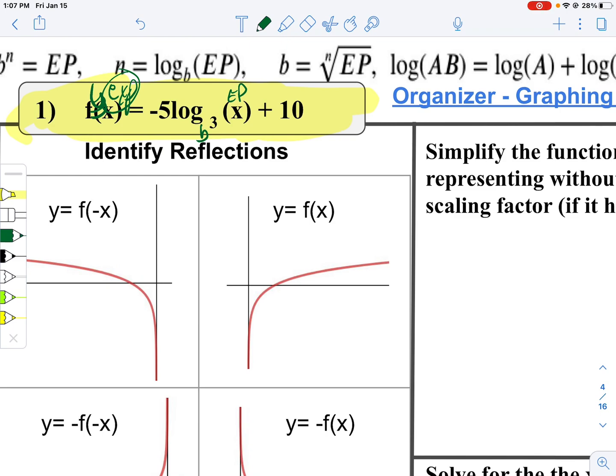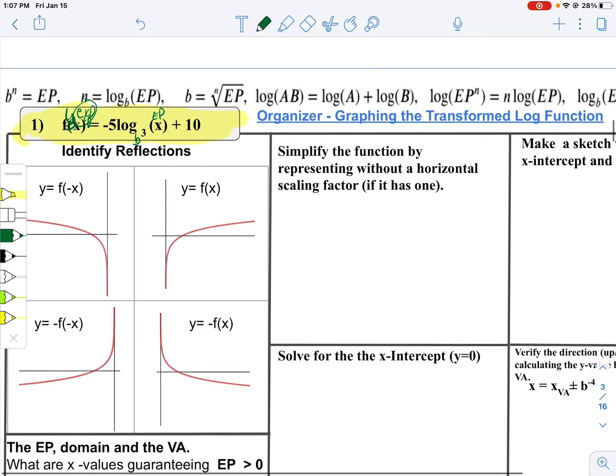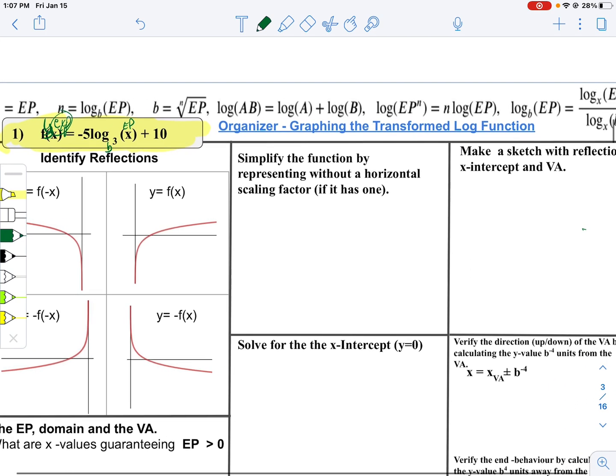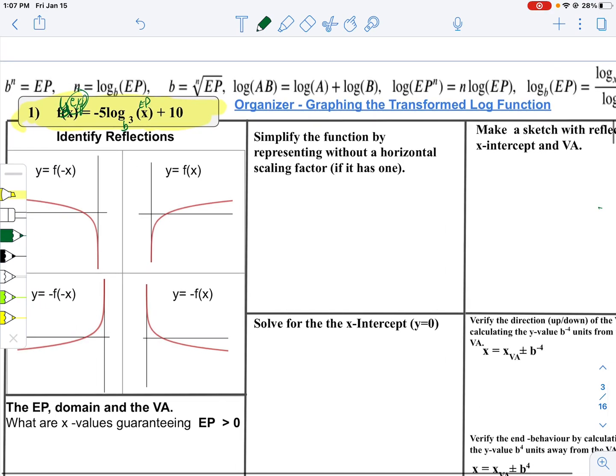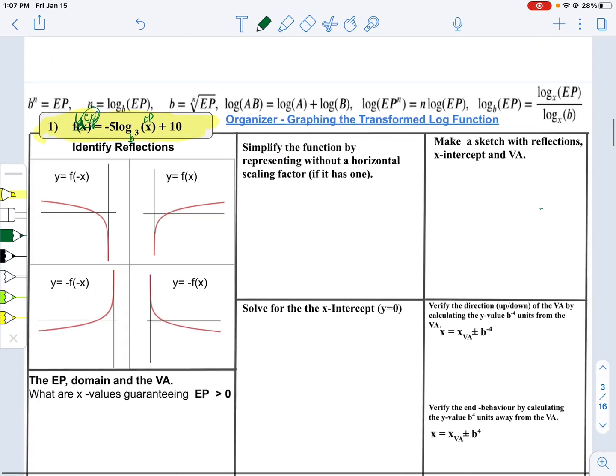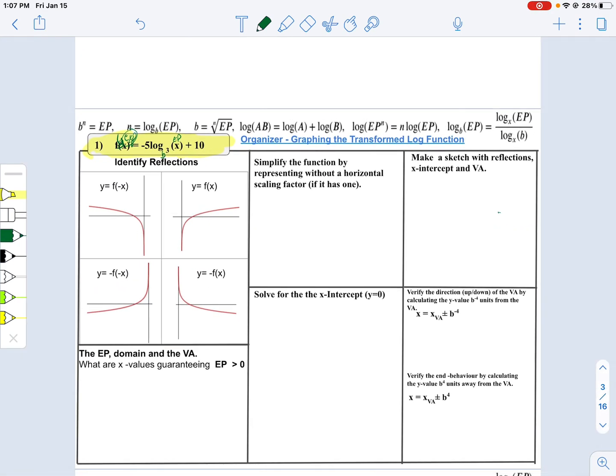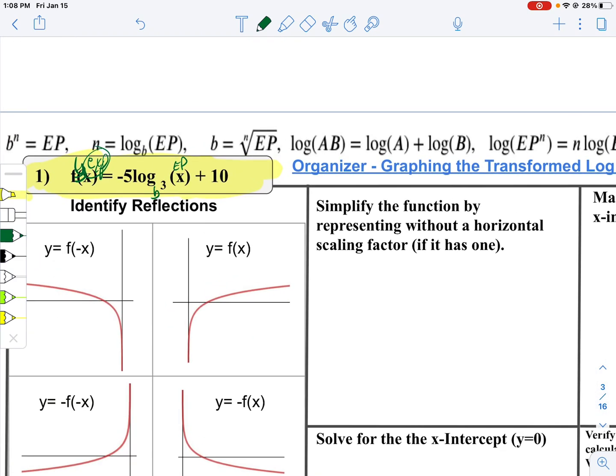All right, so here we go. We've got an algorithm, a step-by-step process here. The first thing we always want to do is to figure out if there are any reflections. The way we do that is we look at the equation and see could y be multiplied by a negative, and could x be multiplied by a negative?